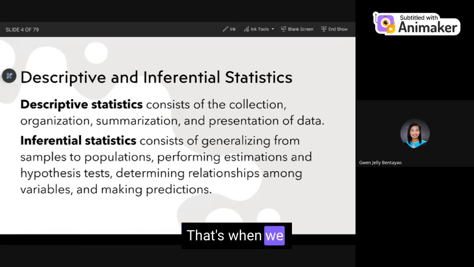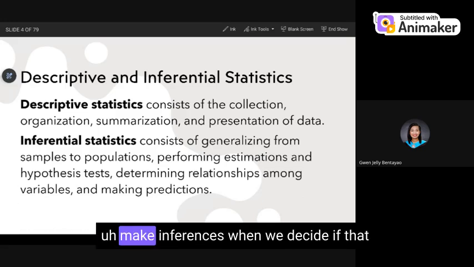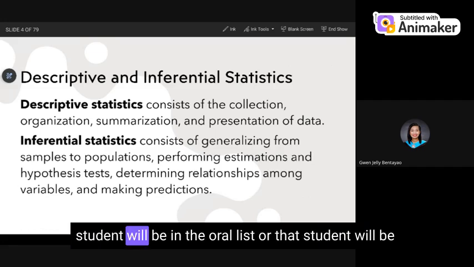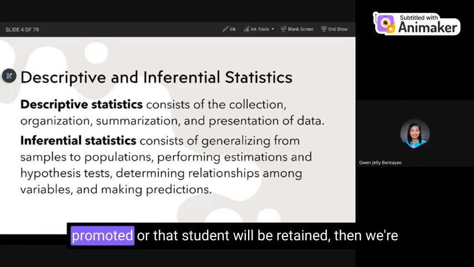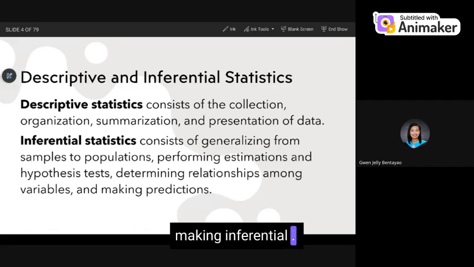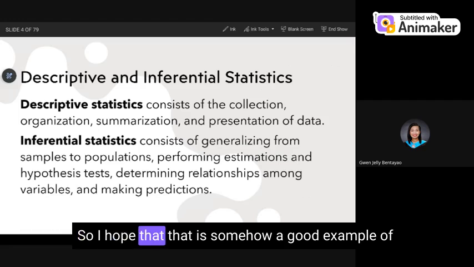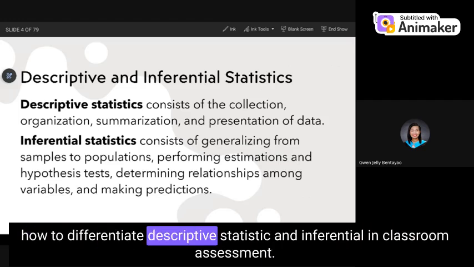But when we make inferences, when we decide if that student will be in the honor list, or that student will be promoted, or that student will be retained, then we're making inferences. So I hope that is a good example of how to differentiate descriptive and inferential statistics in classroom assessment.